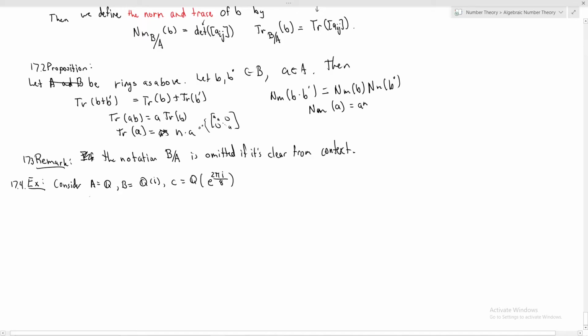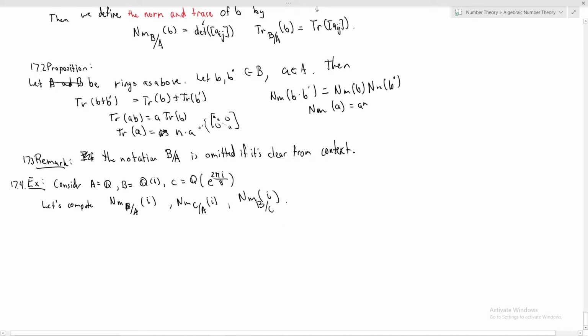And what I want to do is, let's compute maybe the norm from, let's say, B to A of something simple. Let's just do the norm from B to A of i, and let's compute the norm from C to A of i, and the norm from B to C of i.